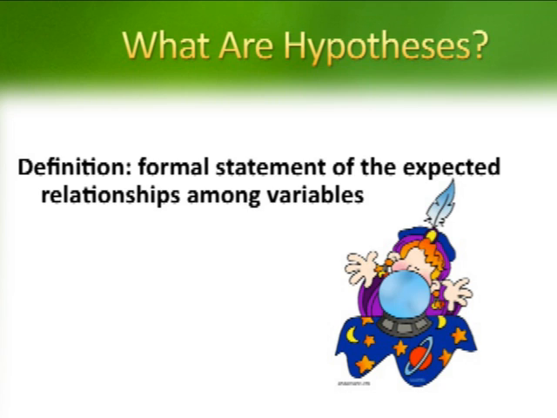A clearly stated hypothesis includes the variables to be manipulated or measured. We're going to talk about them in a minute. It identifies the population to be examined and indicates the proposed outcomes for the study.